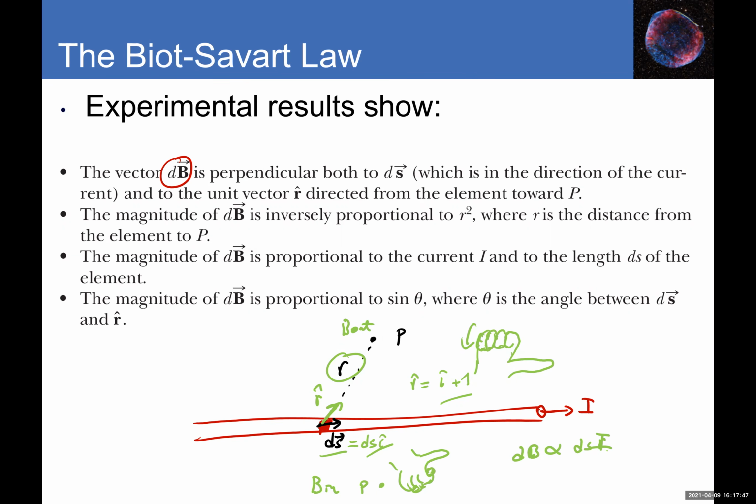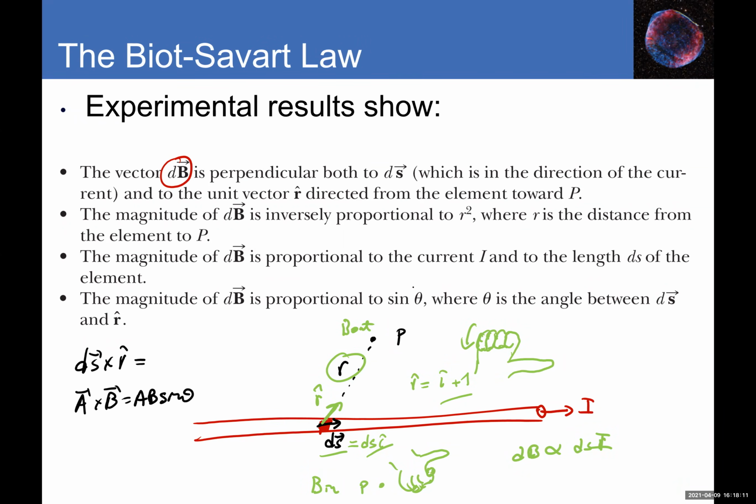And the magnitude of dB is proportional to sine of theta, where theta is the angle between ds and r hat. That also should be obvious because we're going to have a cross product between ds and r hat. Remember, the cross product between two vectors is the product of their magnitudes times sine of theta.